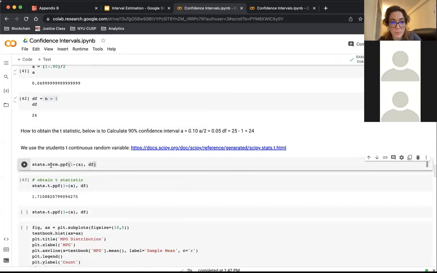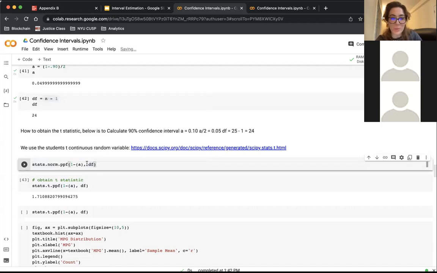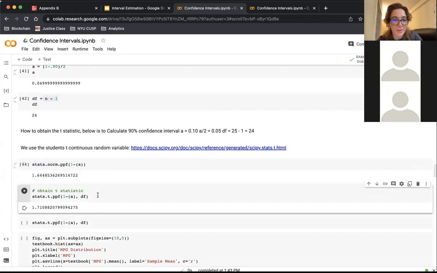The normal distribution doesn't care about degrees of freedom, so we wouldn't necessarily need to have this there. But let's see how it would be different. So it's different, but only slightly.